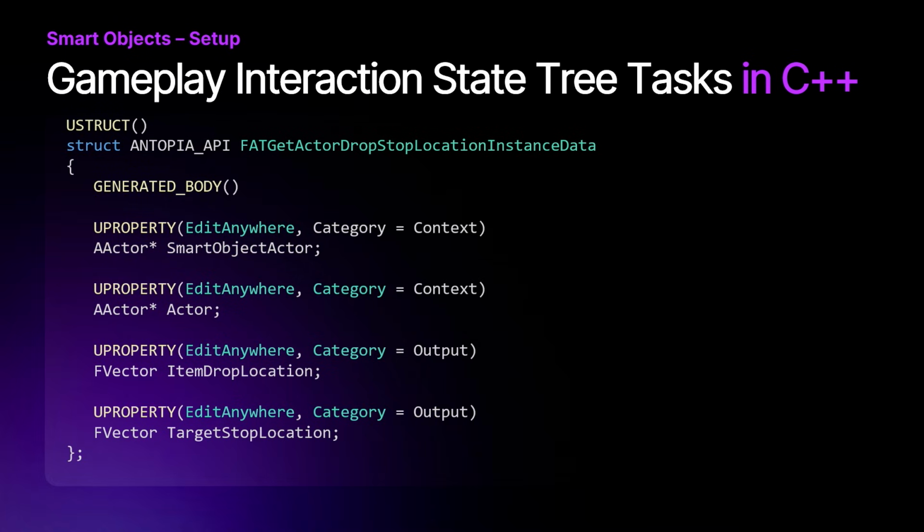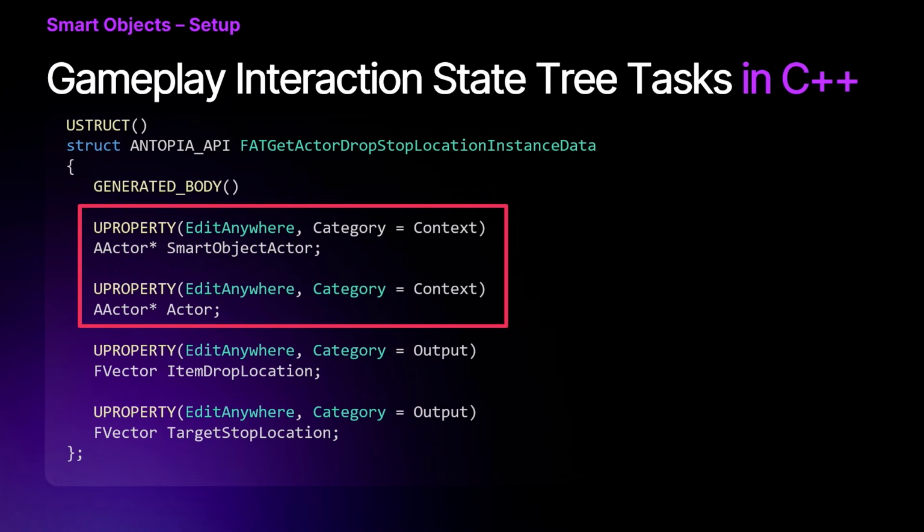So now we know how to set up the general state tree tasks. Let's have a look at the gameplay interaction ones. At a glance, you will see it's pretty much the same. It's the instance data you will first need. Again, the only difference is what you expose in the context.